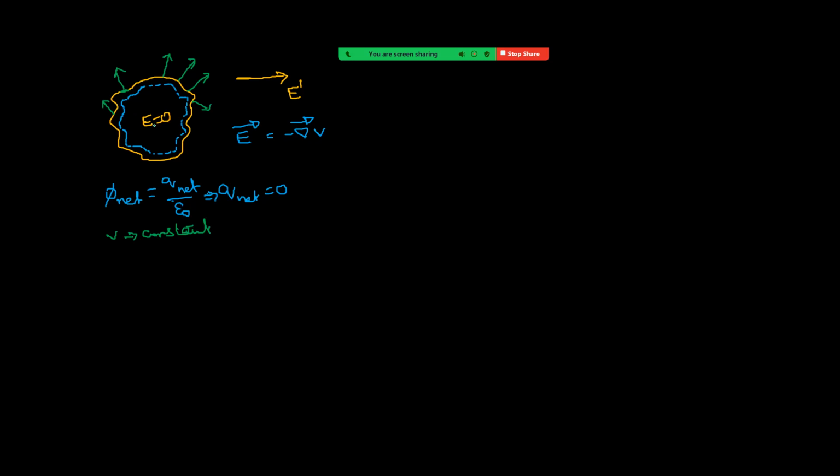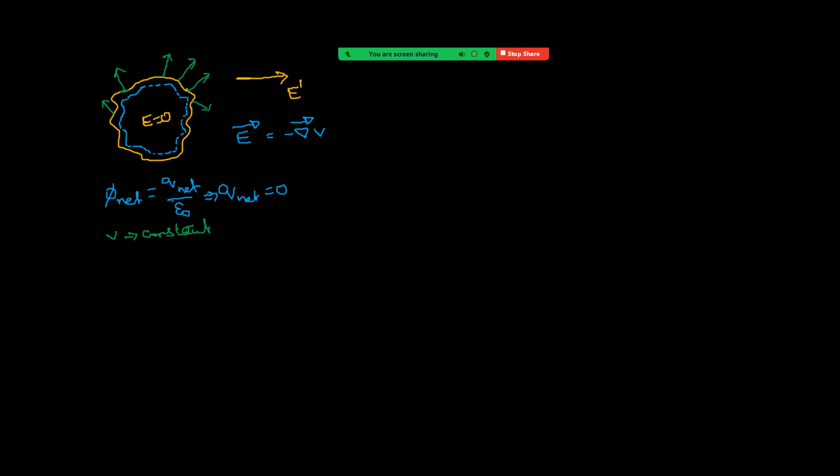So the conclusion is that inside the conductor the field is zero. Since the field is zero, potential is a constant. So this is an equipotential region and surface. Since it is equipotential, the field will be normal at each and every point.